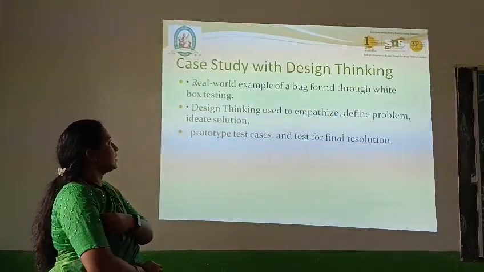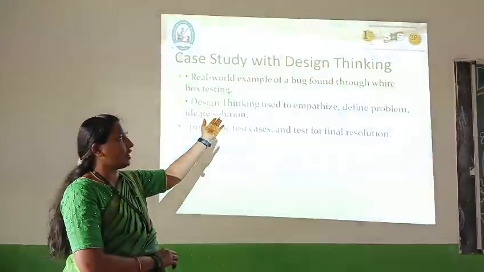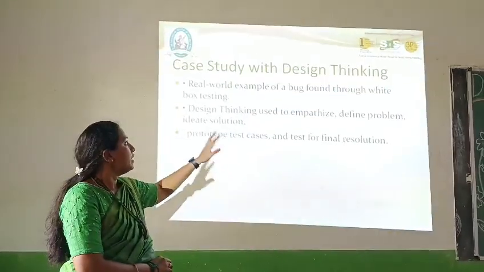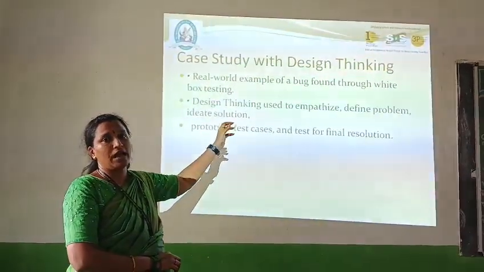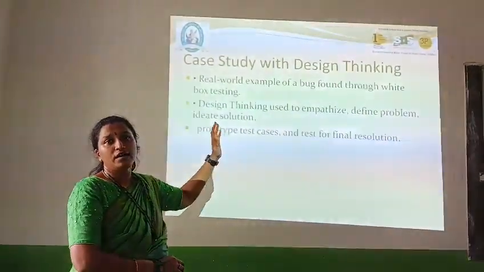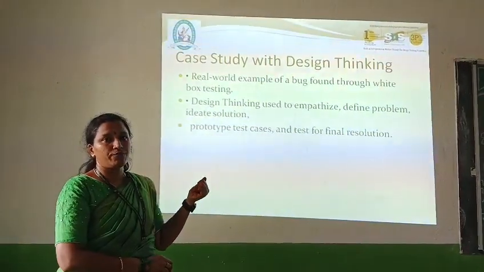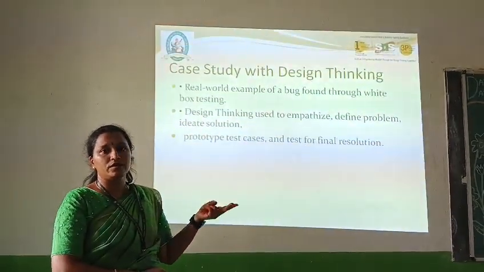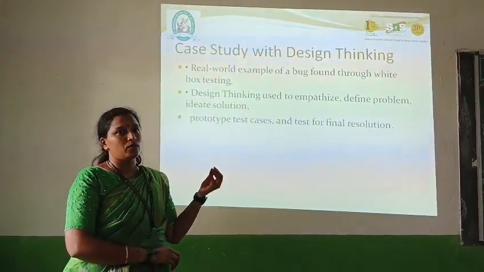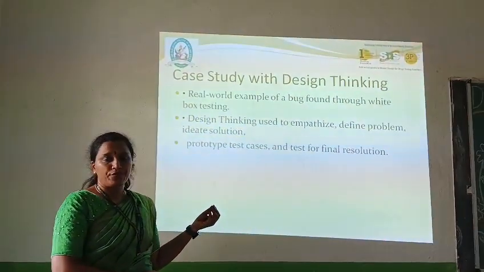Case study in design thinking. In the real world, bugs occur, and through white box testing we look at them with the design thinking concept, which has five stages. Using these five stages, we analyze from the user's point of view, gather more information, plan for ideate, go along with the prototype, and plan for many software.